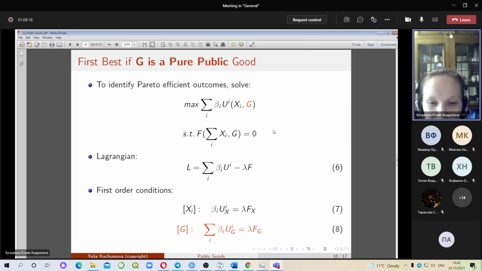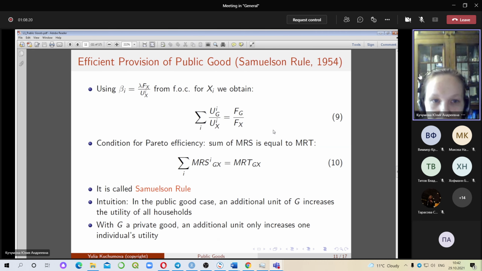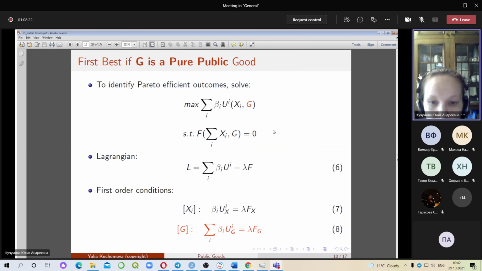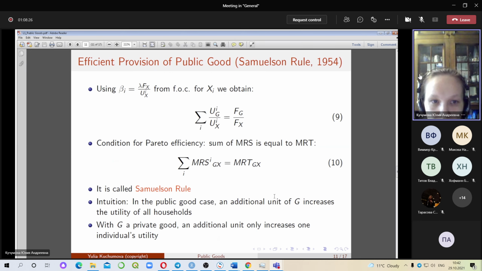Thank you. Okay, good. Again, we now want to play with these first order conditions. We derive beta_i from the first order condition, so it would be lambda f sub x divided by u_i sub x, and plug it into the second first order condition.